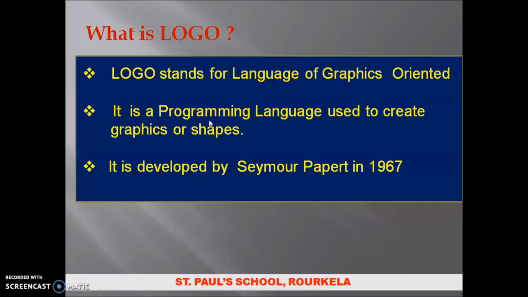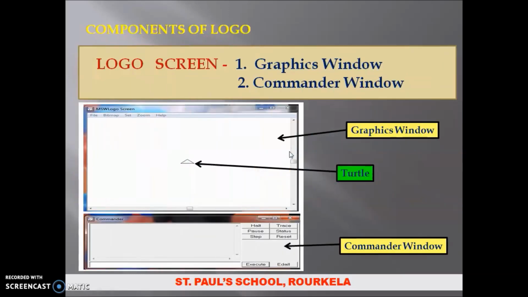Programming means a set of instructions you are writing to solve a specific problem, to solve a specific task. And this logo language is developed by Seymour Papert in 1967.